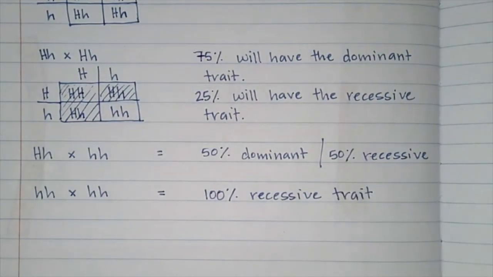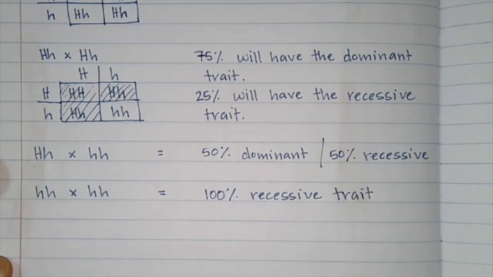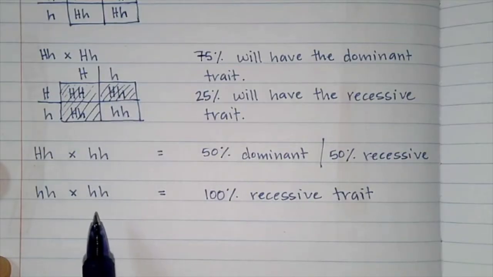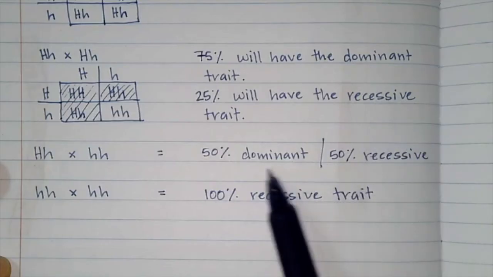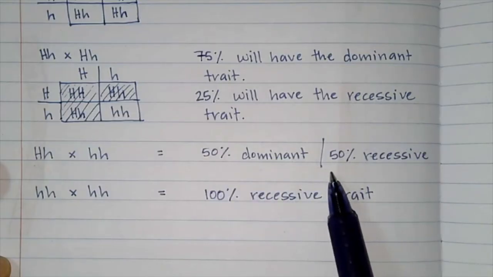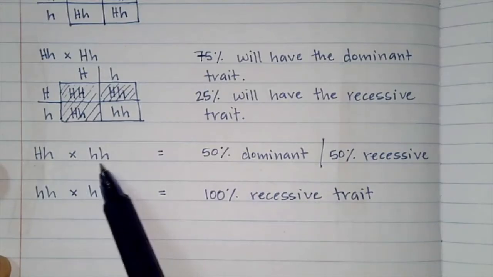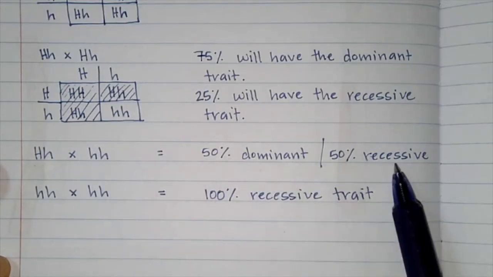So if we're looking at our dragon game, or if we're looking at any Punnett square, we can use this as a tool to see what percentages we would have in our offspring. So we could figure out how many children we would expect this couple to have the dominant trait and to have the recessive trait.